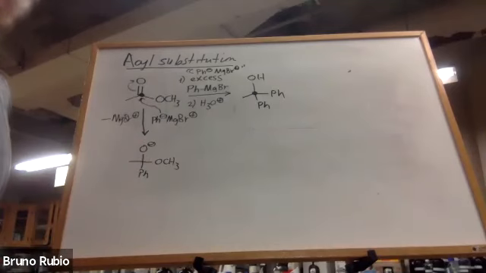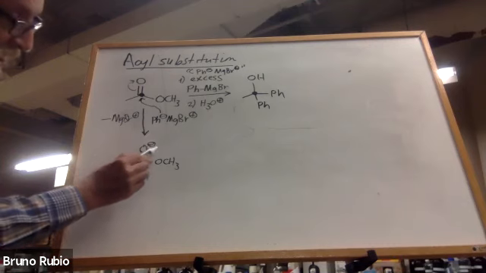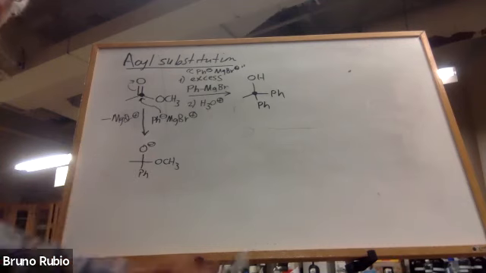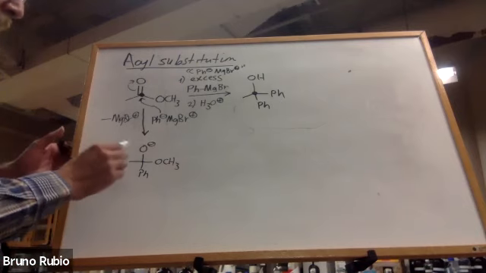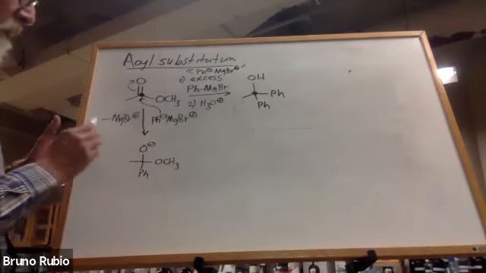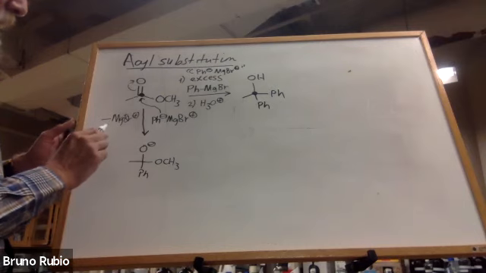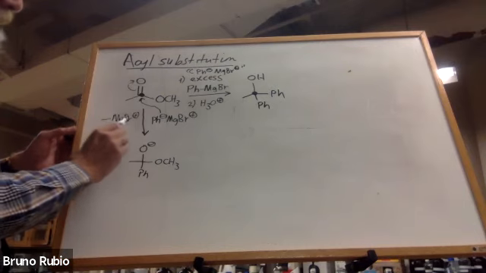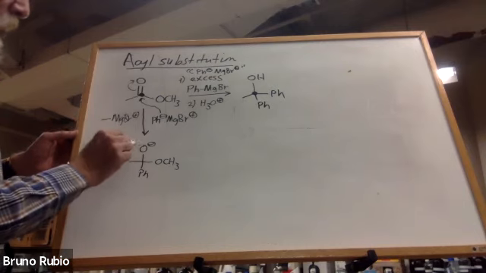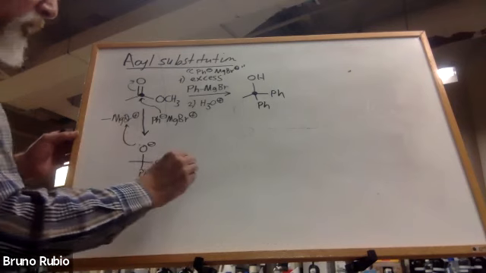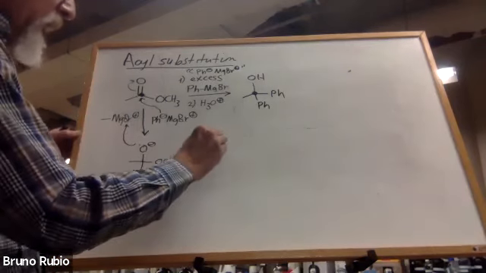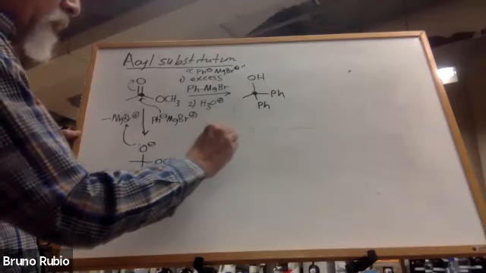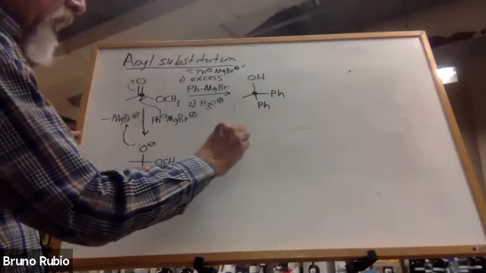And now, if it were just an acyl substitution under acidic conditions, we would slam this negative charge down and kick out the leaving group, but that is not going to be what happens. Next, we see this MgBr plus is going to coordinate with that oxygen. And so we get this stuff up here.